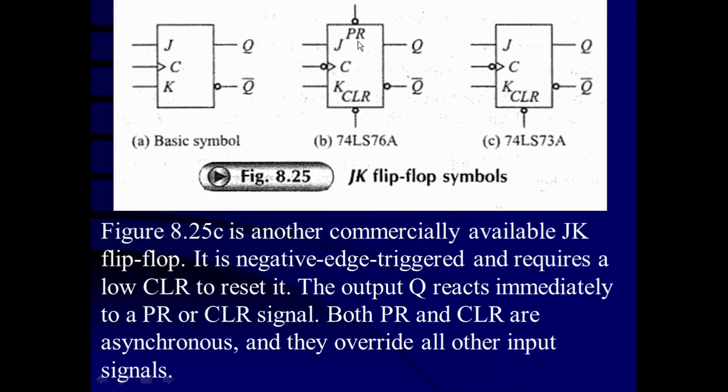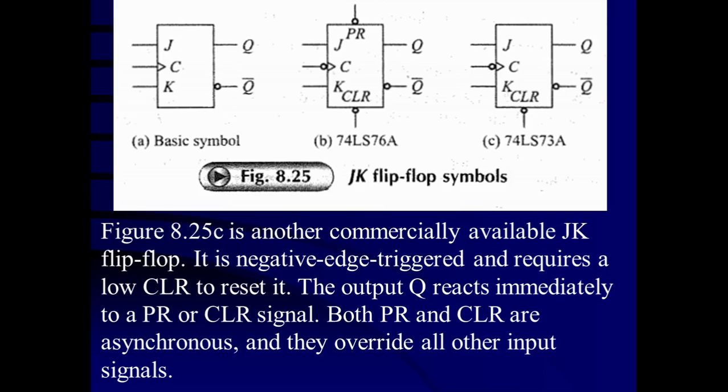This indicates that preset and clear are asynchronous controls, which can directly control the flip-flop without a clock pulse. Even if the clock pulse does not occur, or independent of the clock pulse, when they go low they are active. The bubble indicates that they are active low.